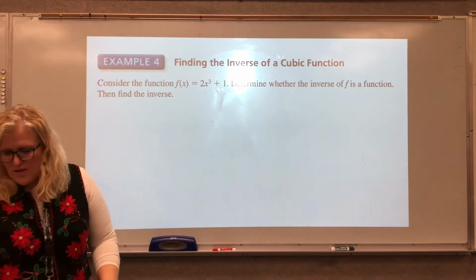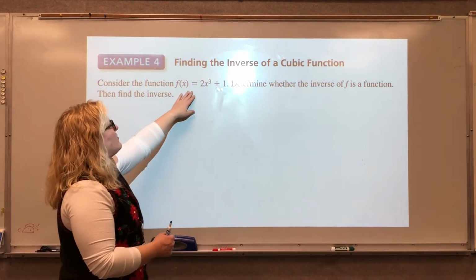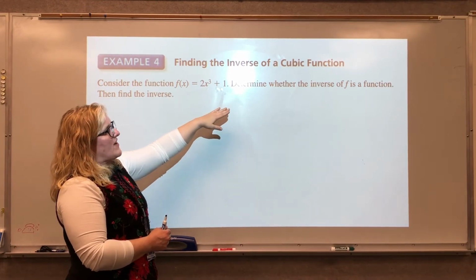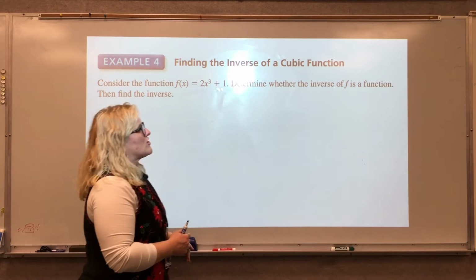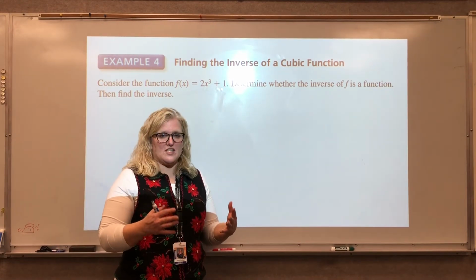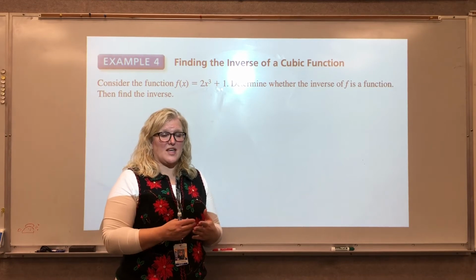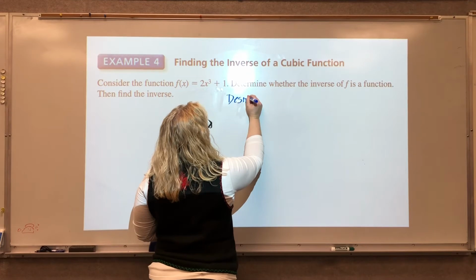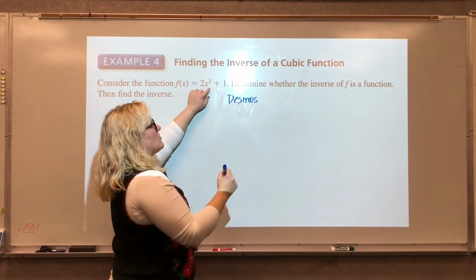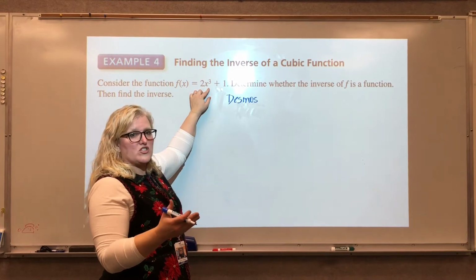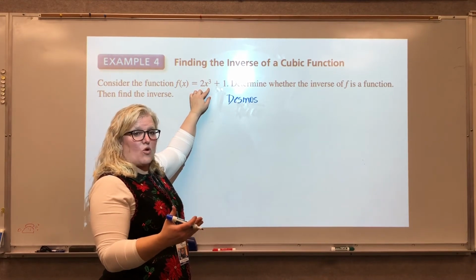Okay, so consider the function f of x equals 2x cubed plus 1. Determine whether the inverse of f is a function and then find the inverse. What I would do on these problems is go to Desmos first. Graph this, or if you have a graphing calculator, put it in your calculator, but you need to graph it first and see if it passes the horizontal line test.